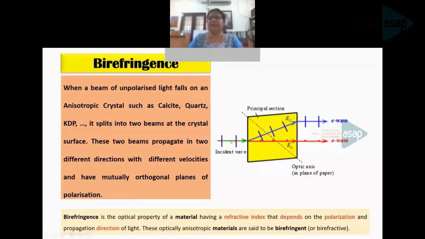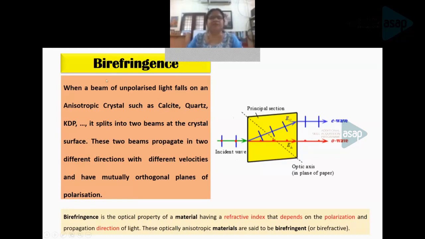Now, you can see one unaltered line and another line. This unaltered line is known as the ordinary wave or O-ray, and the other line is the extraordinary ray. This phenomenon is known as birefringence.